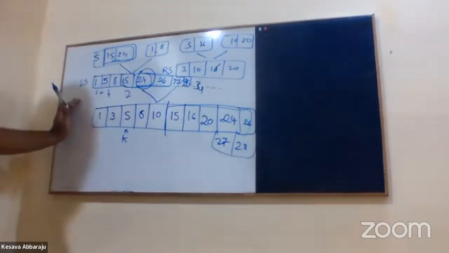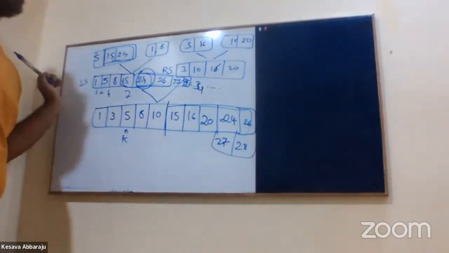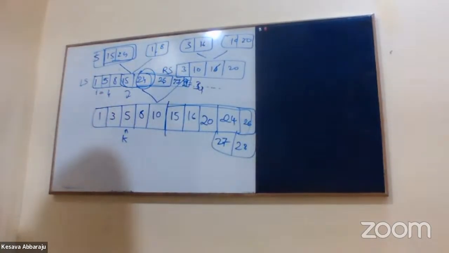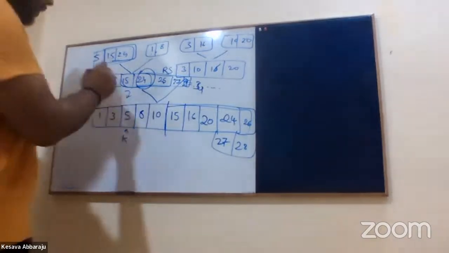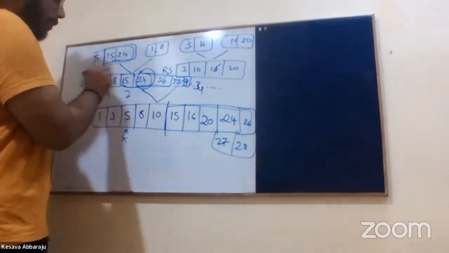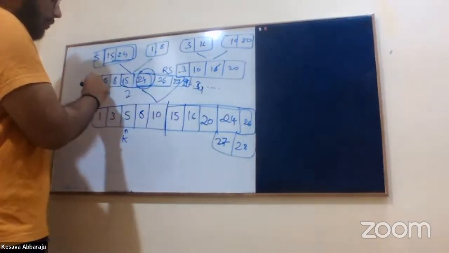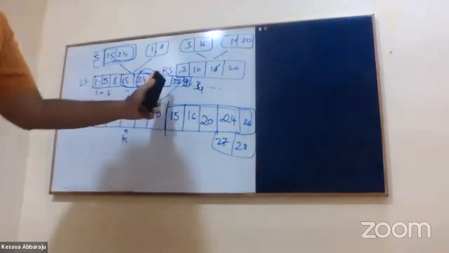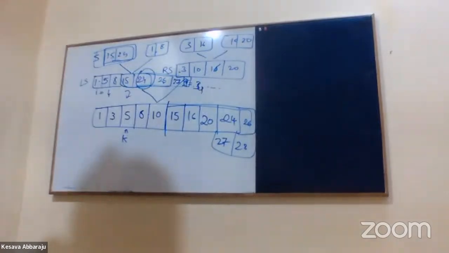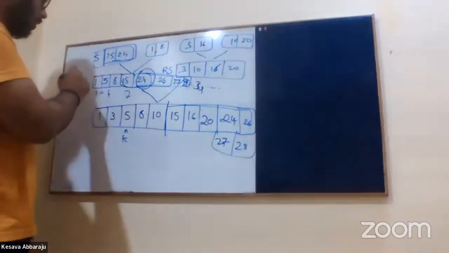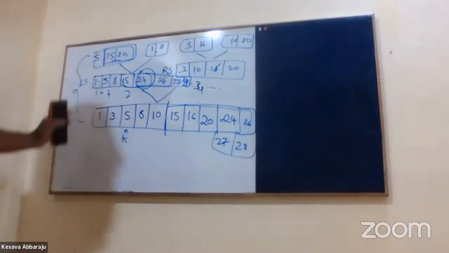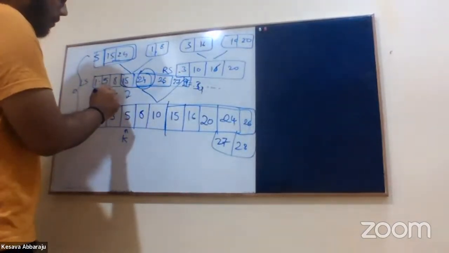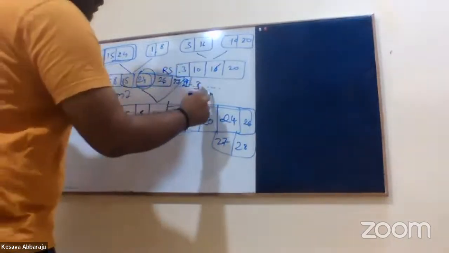I think with this algorithm, let's try to convert this into code. Since we are adding each element and comparing, if you observe, we are comparing 1 with 3, we are comparing 5 with 10, we are comparing 8 with 16, we are comparing each element with at least one element in the right subarray. So what will be the time complexity here? We are going to add all the elements of the left subarray. Let's say in the left subarray we have m elements and in the right subarray we have n elements.